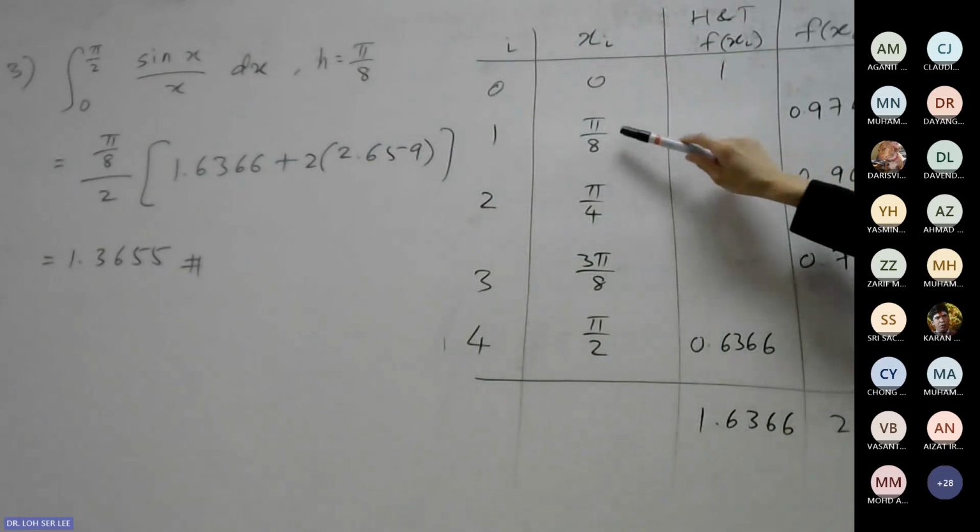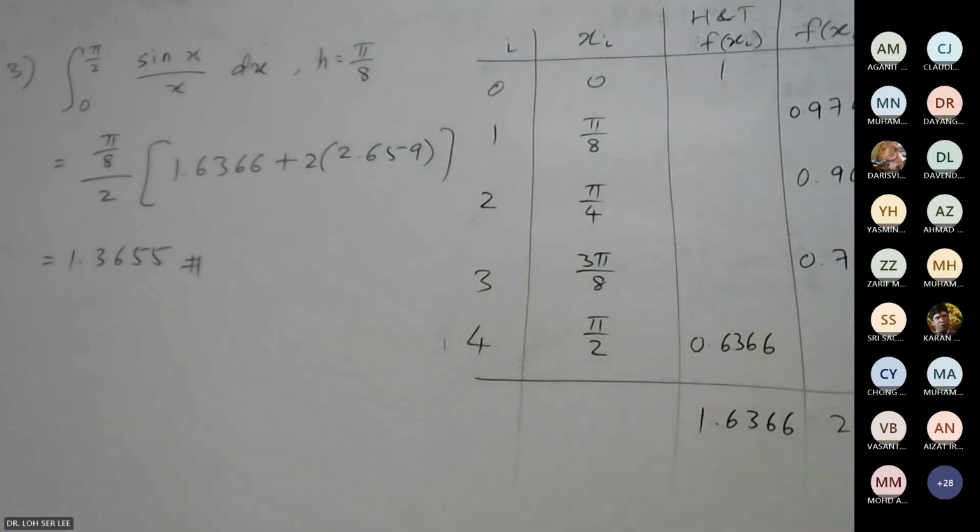But when your x is all these other values, there's no issue. Okay, done. Any questions?